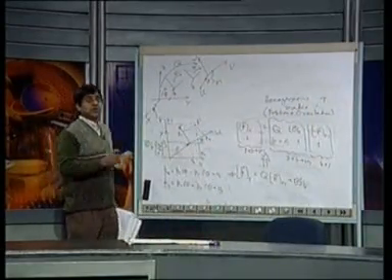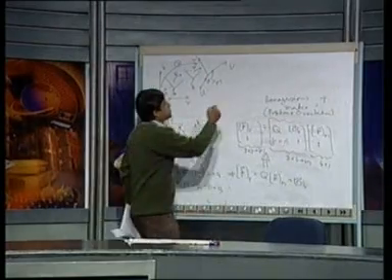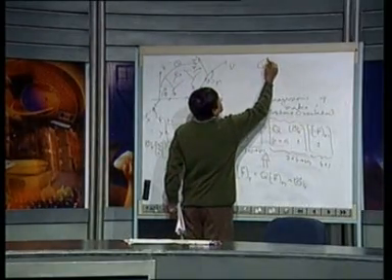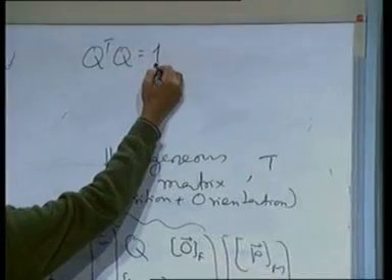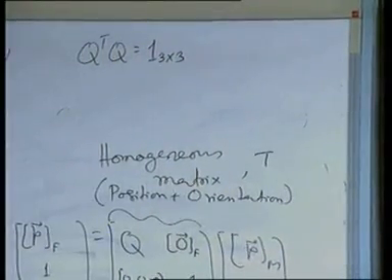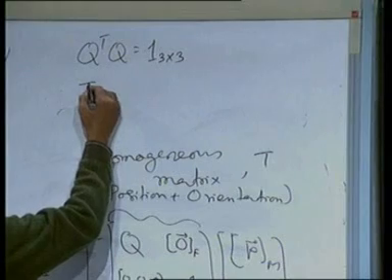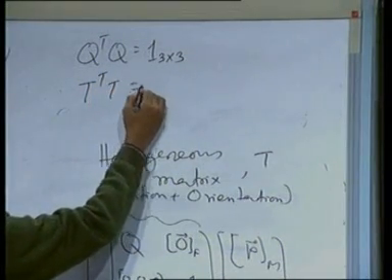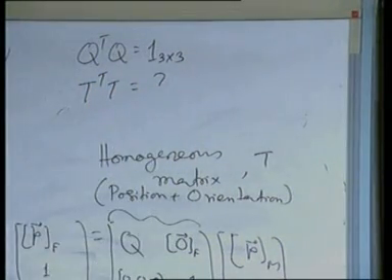For the orientation matrix 3 by 3, we have seen that it has this property which is called the orthogonal property, right. Does the homogeneous transformation matrix have this property? I am asking this question now. T transpose T, is it 1?